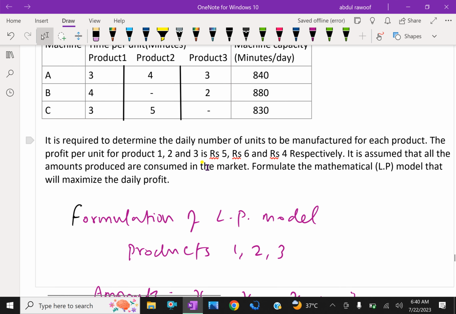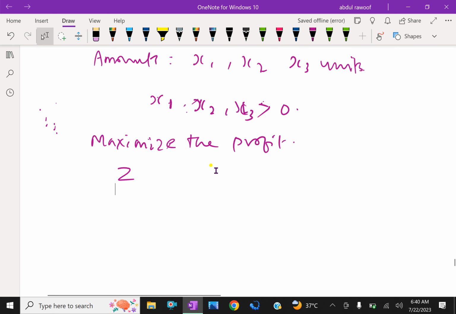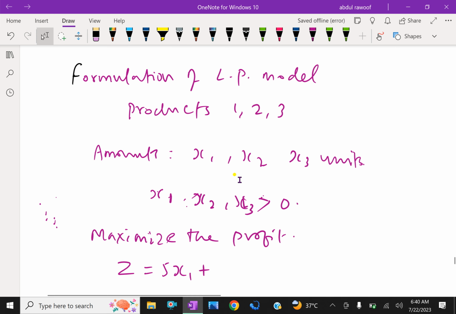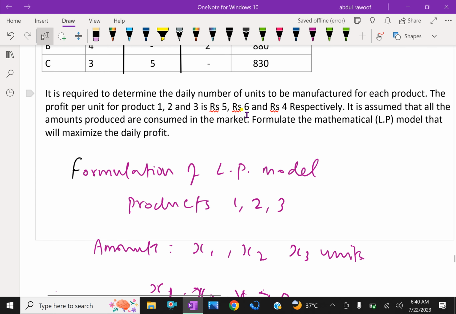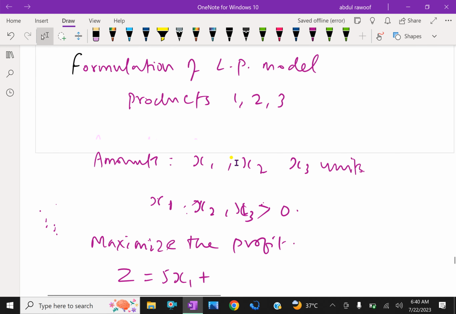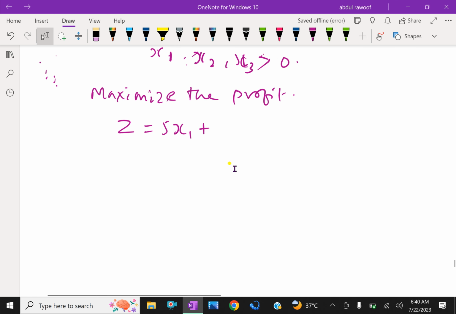So Z equals 5x1 plus 6x2 plus 4x3. This is the profit function to be maximized.